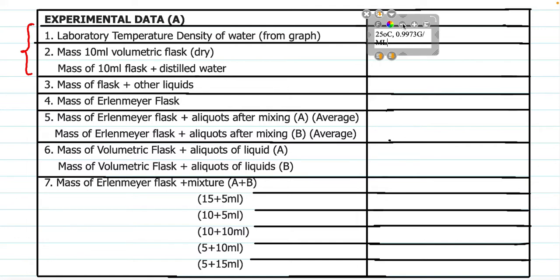Now if you actually realize this, you don't have to stress yourself about these values because the values will be given to you in the lab. So this is 25 degrees Celsius, the temperature of the water, or perhaps the temperature of the lab, and then you put a comma. This comma is to demarcate the temperature from the density of water. So the density of water is 0.9973.